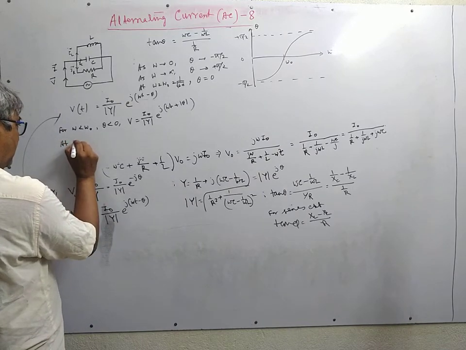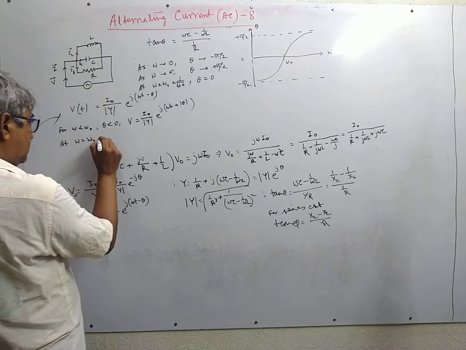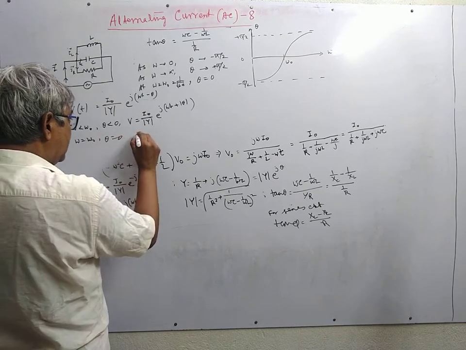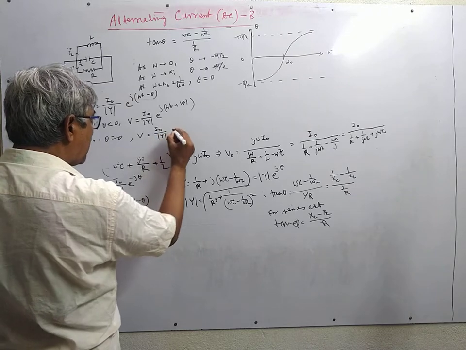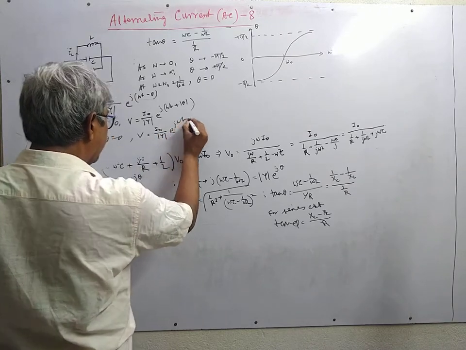At omega is equal to omega 0, theta is equal to 0, V is equal to I0 mod Y e to the power j omega t.